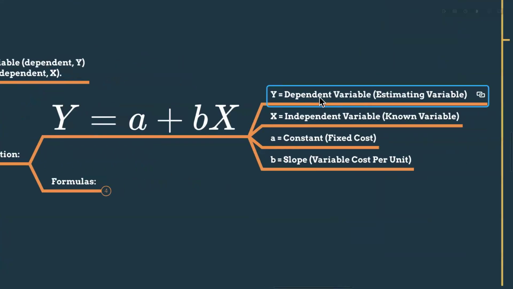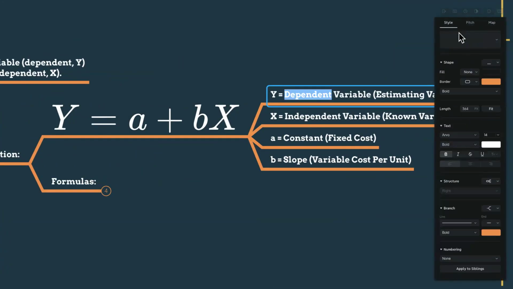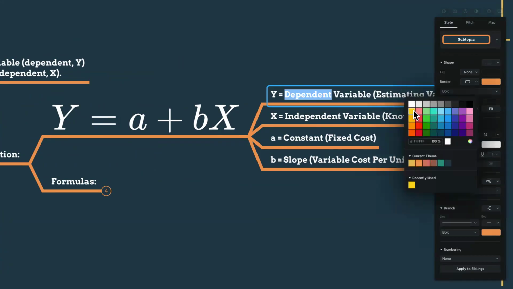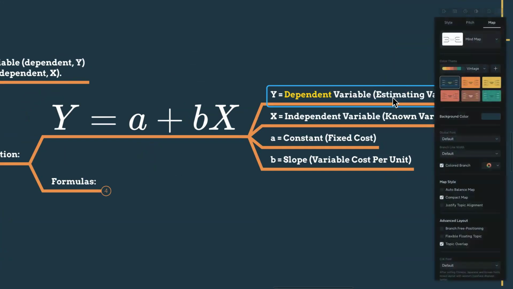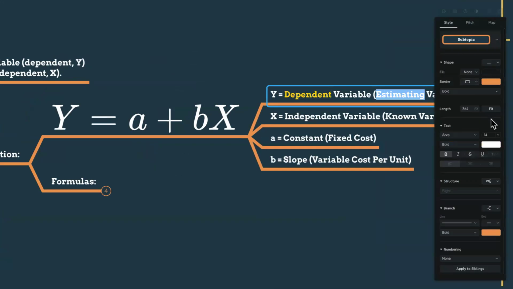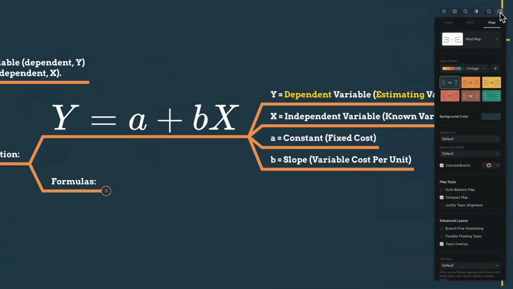So y is a dependent variable, guys. Always remember that word dependent, because the y value depends on the x performance. So if x increases or decreases, y will change. It is the estimating variable in your question. Always we are going to estimate the y values in your questions because y is the dependent variable.